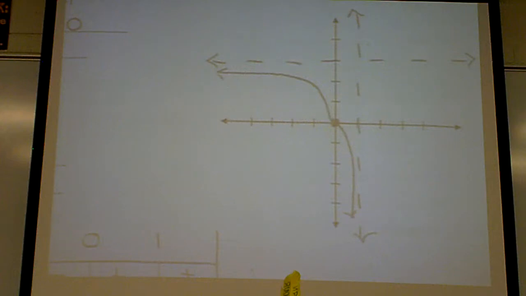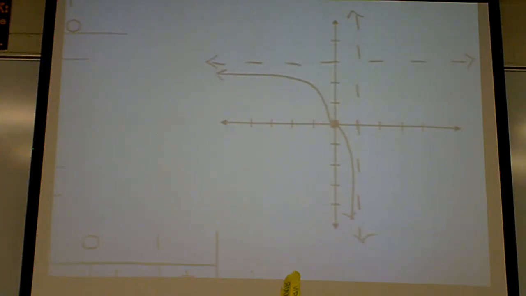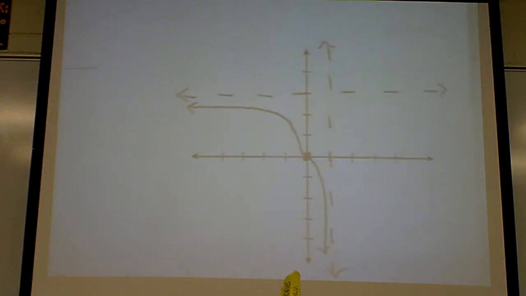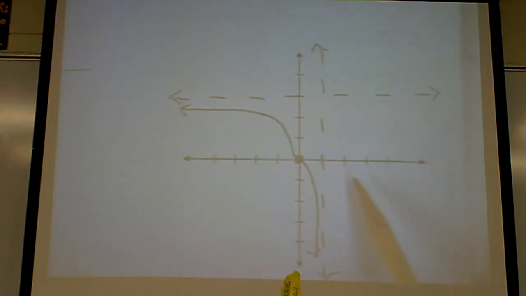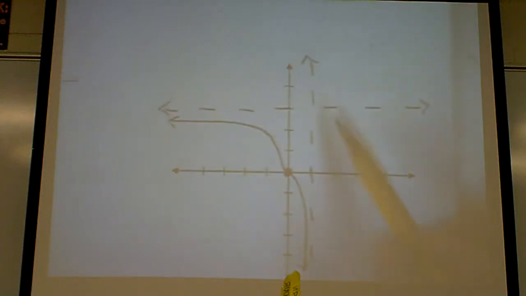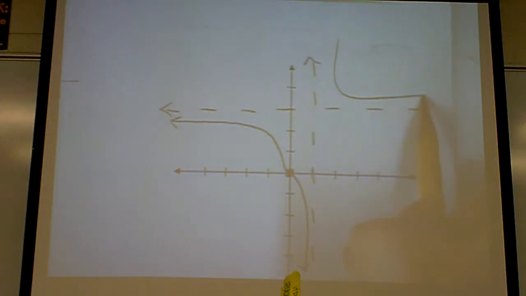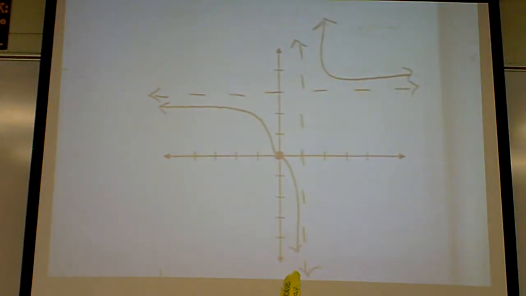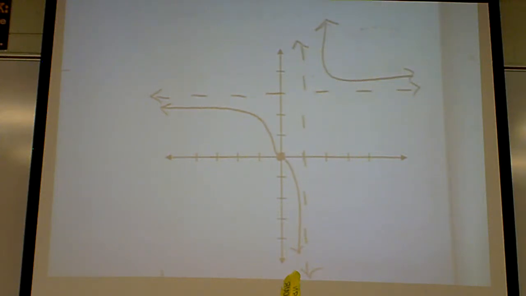And from 1 to infinity, it's positive. So where would I draw my line? It would be over here somewhere, up here, above. So it's going to be above our horizontal asymptote. It's going to look like this. Any questions on those so far?